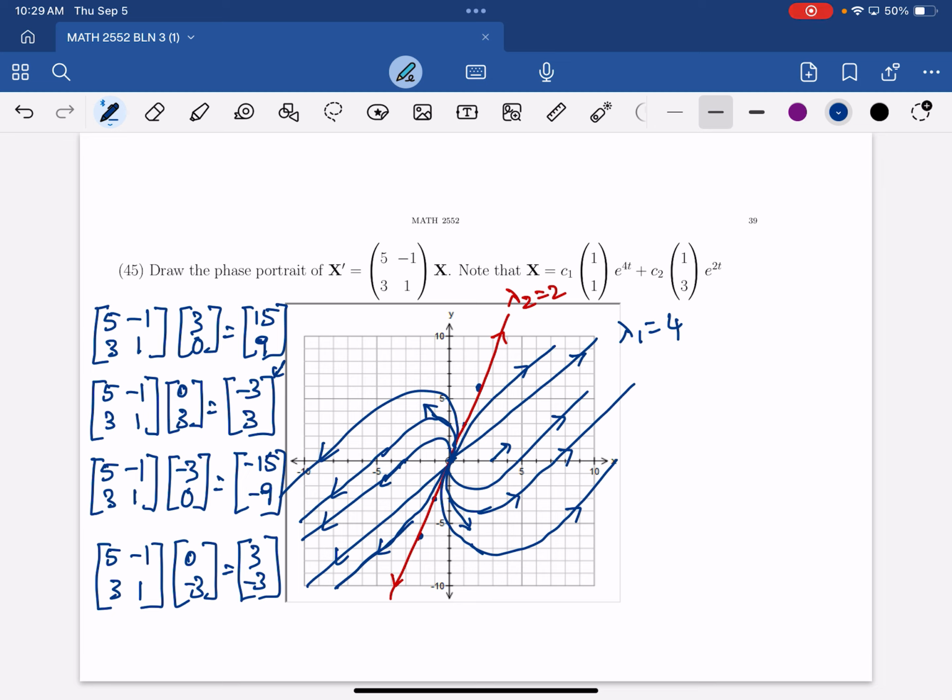Yes. So can you look at the stability of the eigenvalues? I will. The stability of the critical point is based on the sign of the eigenvalue. I did not answer that for this one at all so far. I wanted to get, because remember, critical point, eigenvalues, eigenvectors, general solutions, phase portrait, and then stability.